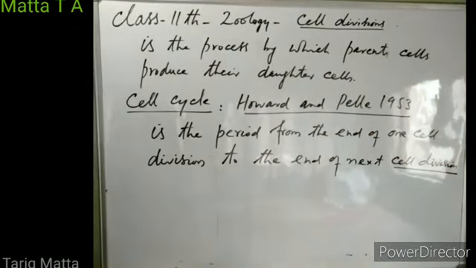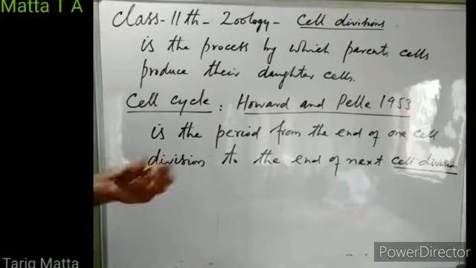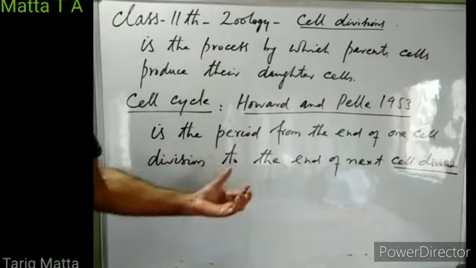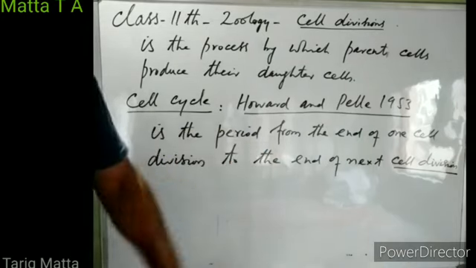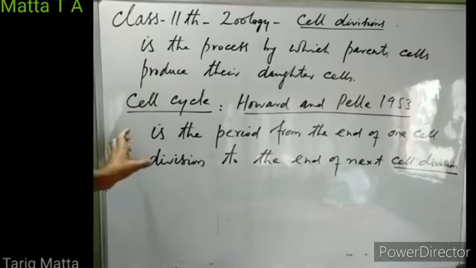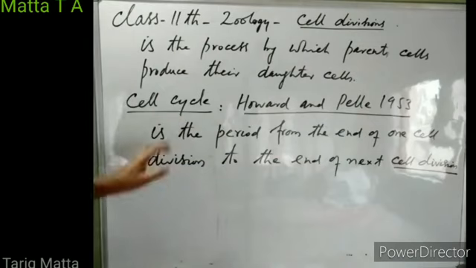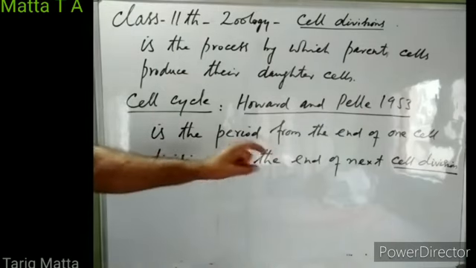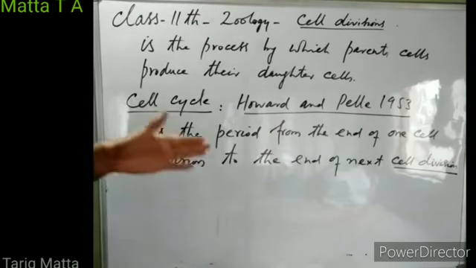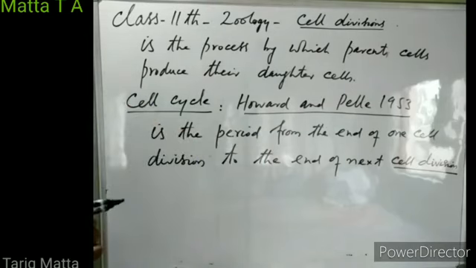This period, which starts from the end of one cell division and terminates at the end of the next cell division, is known as the cell cycle. So this intervening period is known as the cell cycle.